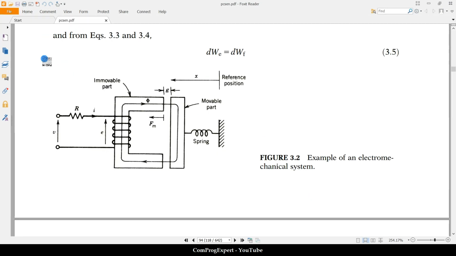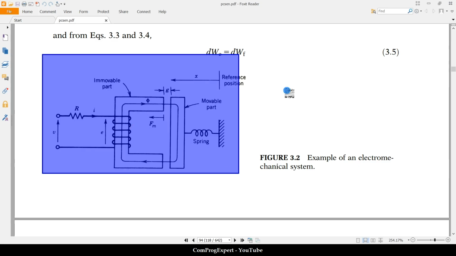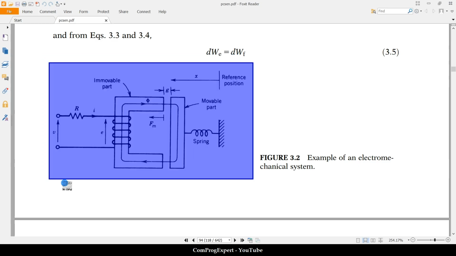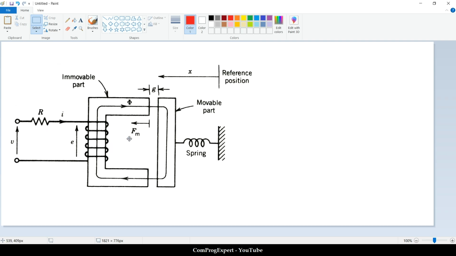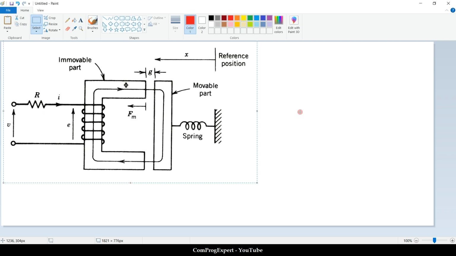Let me copy this. Okay, consider this system. If we have motion in this system, suppose we apply a voltage source here, so we will have current, we will have this magnetic field, and we will have an attraction force in this direction.